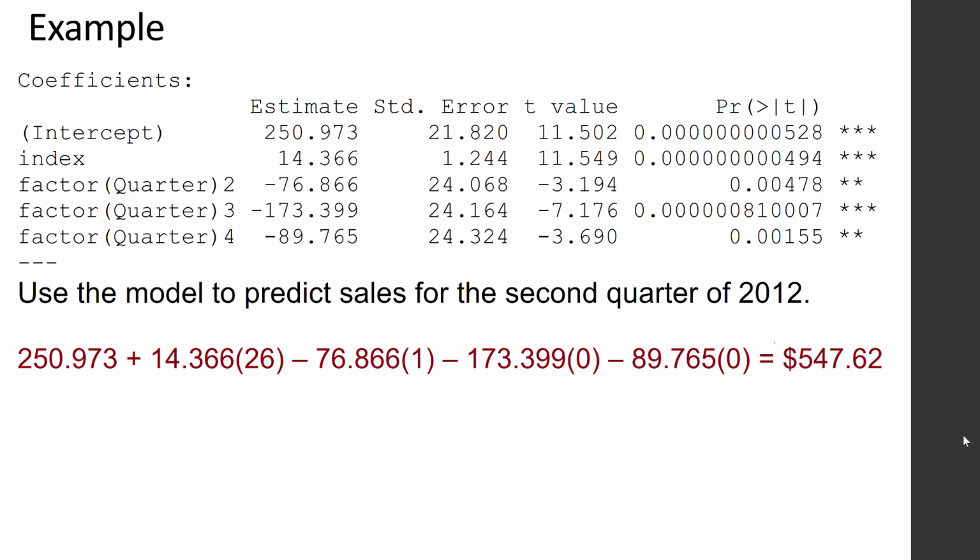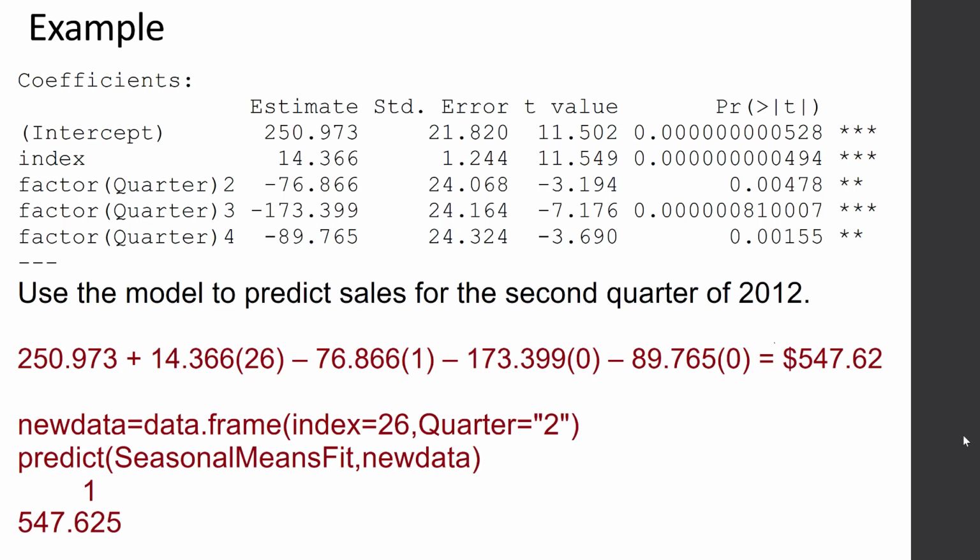And when we plug those numbers in, we get $547.62. Now you can hand calculate your predictions, or you can use the predict function in R. So what you're going to do is tell it that my data for prediction, you're going to make it into a data frame, data.frame, of the index equaling 26 and the quarter equaling 2.